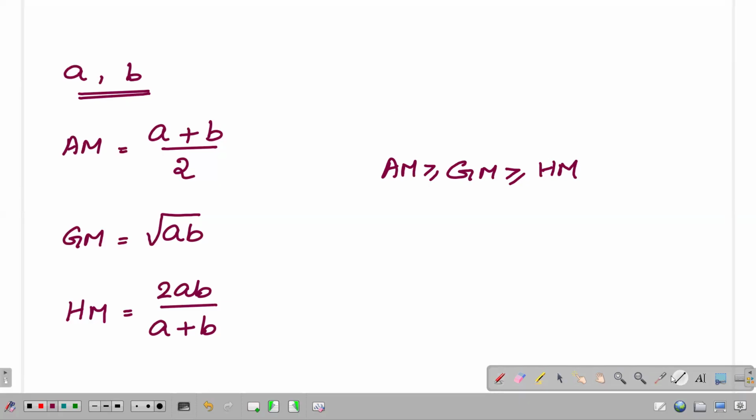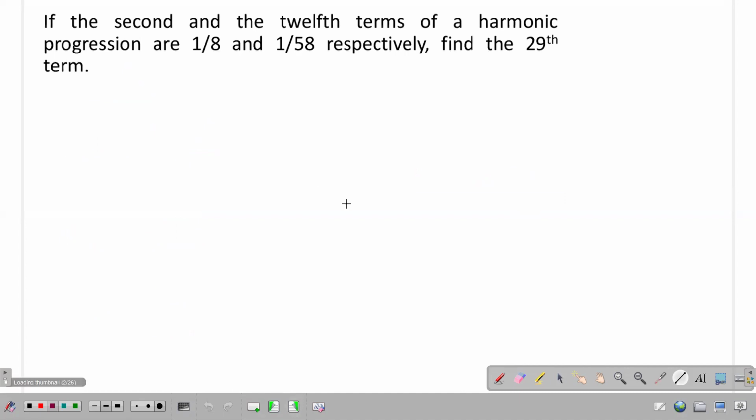This will always be maintained, and this has a wide range of applications while solving problems, including maxima, minima, and the values we consider. It has a heavy impact, so please make a note of this as well.